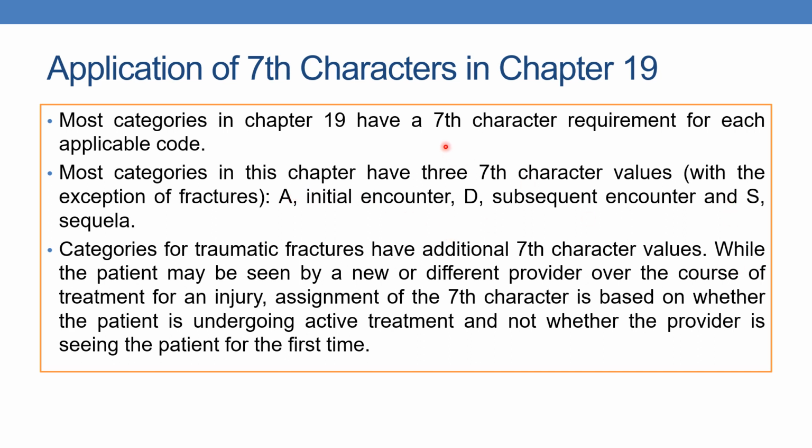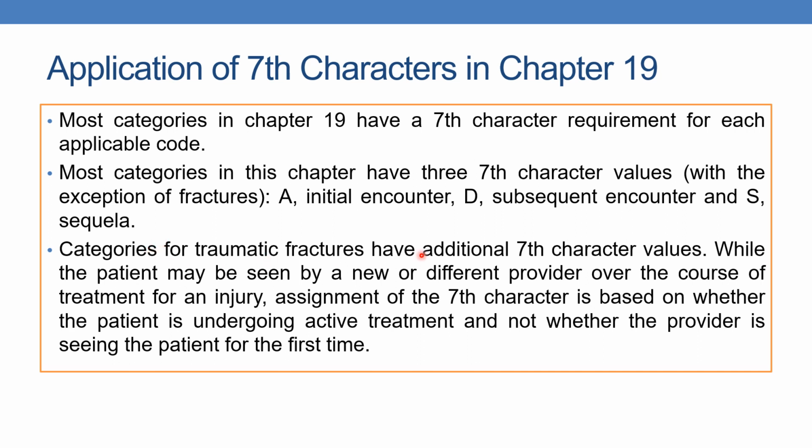There are other classifications also, which we will discuss in the fractures. As of now, most categories in chapter 19 have 3 7th character values, with the exception of fractures: A for initial encounter, D for subsequent encounter, S for sequela. These are the major 3 7th characters that are mostly employed.